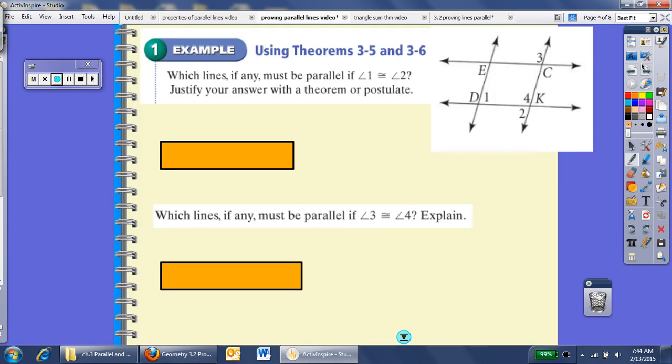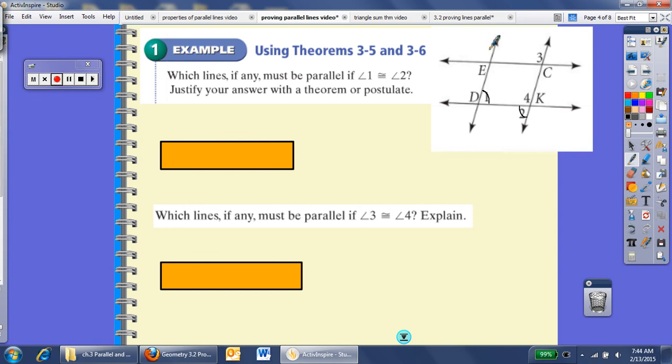Okay, here's example 1. Using the picture here, which lines, if any, must be parallel if angle 1 is congruent to angle 2? Let's mark those in the picture here. Here is angle 1 and here is angle 2. These are alternate interior angles. Notice the 2 lines that form these angles.